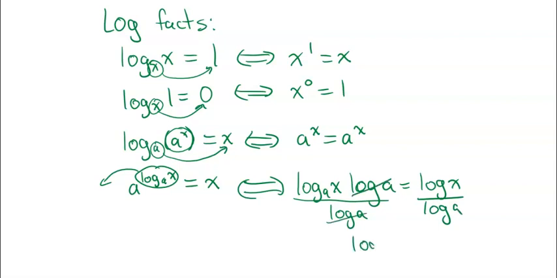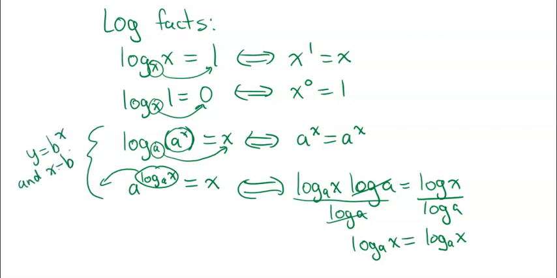And so that means that log base a of x equals, remember that if we divide two things, we write the a as the base and then the x there. So what these two things suggest is they're not really showing us anything different, but they're suggesting that y equals b to the x and x equals b to the y are the inverses of each other. That's really what those two properties are getting at.